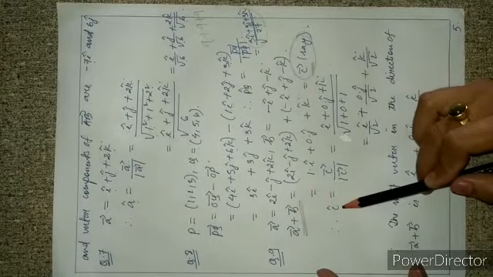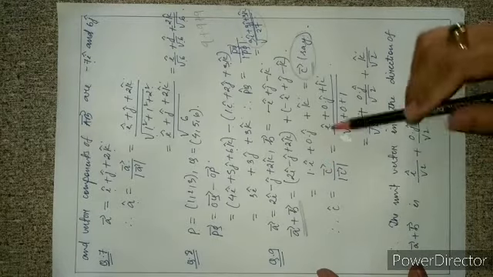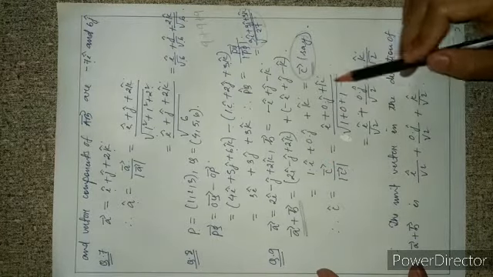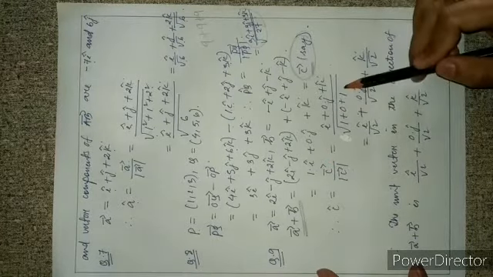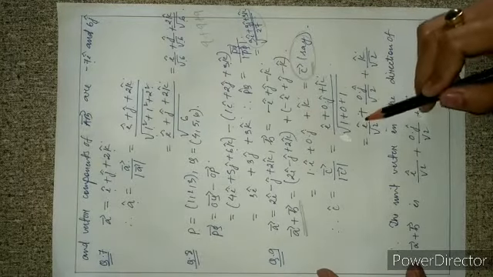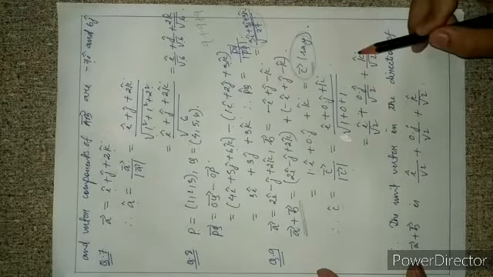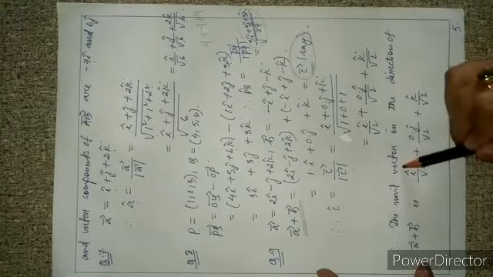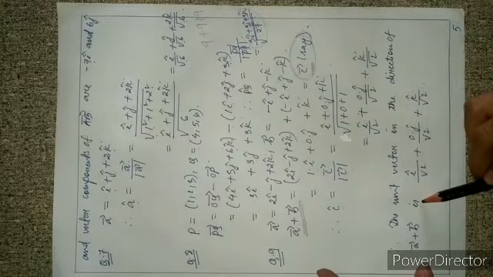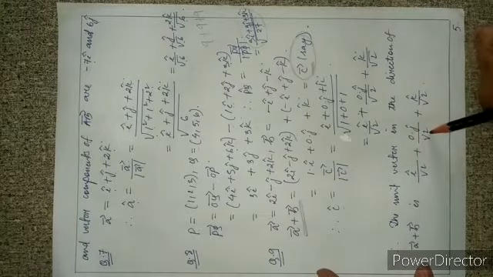By the definition of unit vector, this C cap is given by C vector divided by the magnitude of C. That is i cap plus 0 j cap plus k cap divided by the modulus, which is 1 squared, 1, 0 squared, 0, and 1 squared, 1, which is equal to root 2. So i cap divided by root 2 plus 0 j cap divided by root 2 plus k cap divided by root 2. Therefore the unit vector in the direction of A vector plus B vector is given by i cap by root 2, 0 j cap by root 2, and k cap divided by root 2.